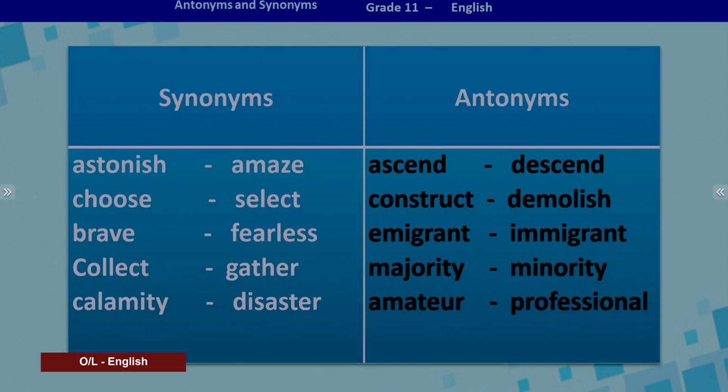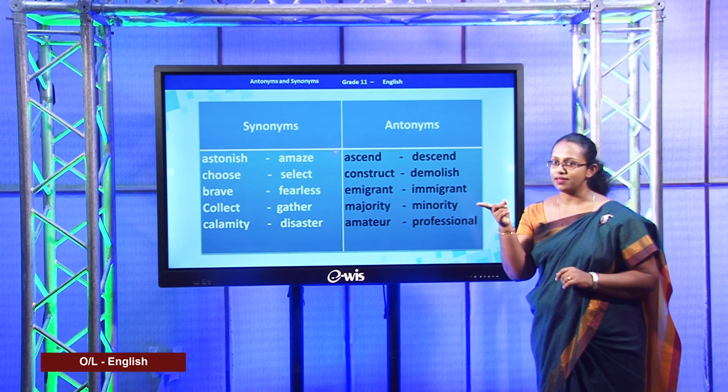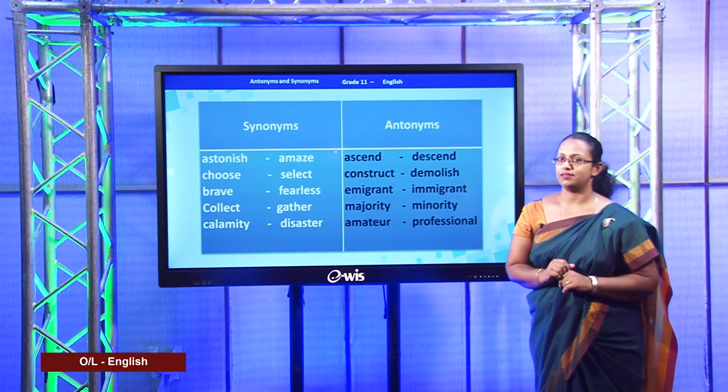Synonyms. Astonish, amaze. And what is the similar word for choose? Select. When we go to the shopping malls, we select what we want. Then, brave, fearless. Can you remember the lion? It is a brave animal.